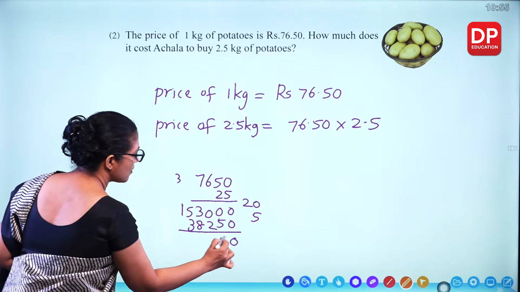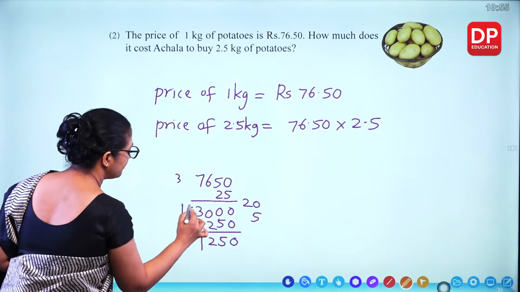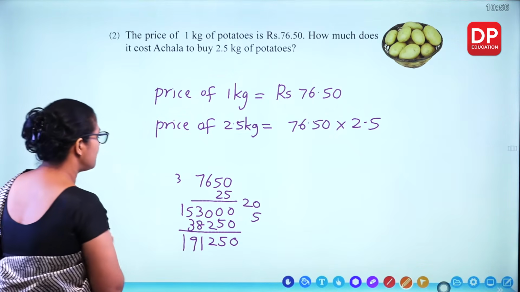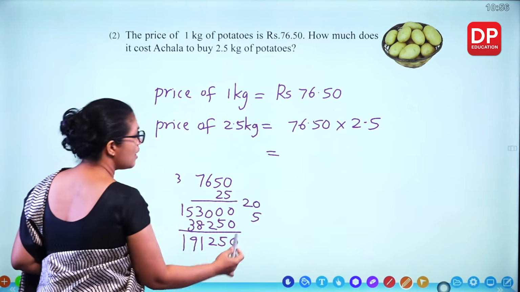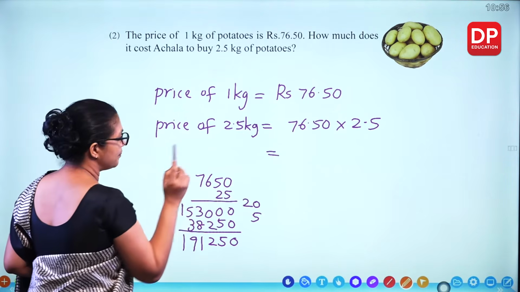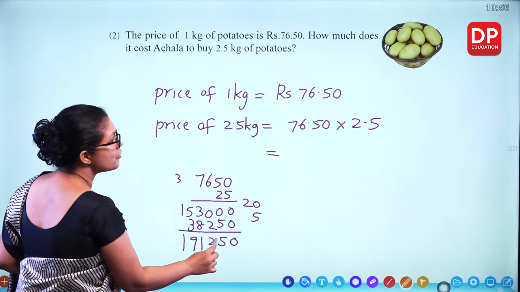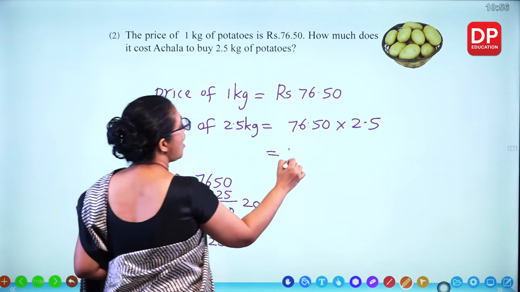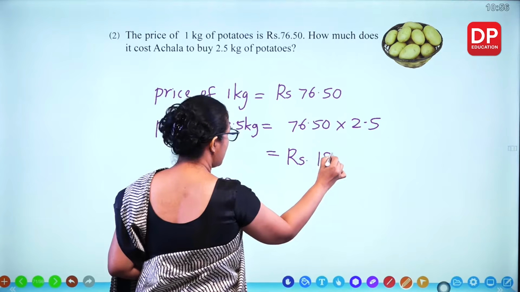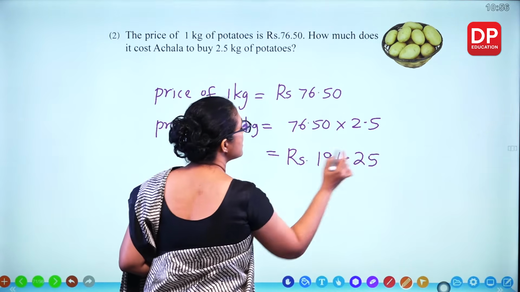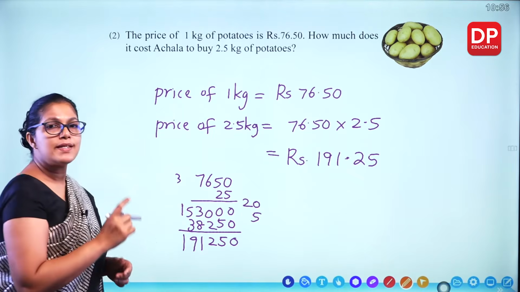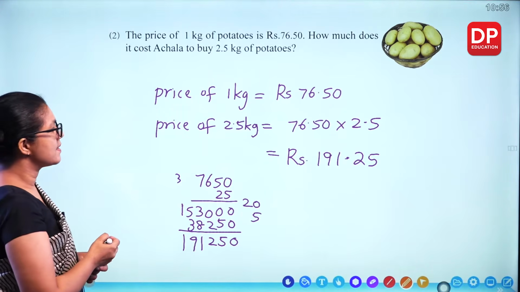So you get this value. And how many places do we have to keep? 1, 2, 3. 1, 2, 3 places. So 191.25. That means 191 rupees and 25 cents.